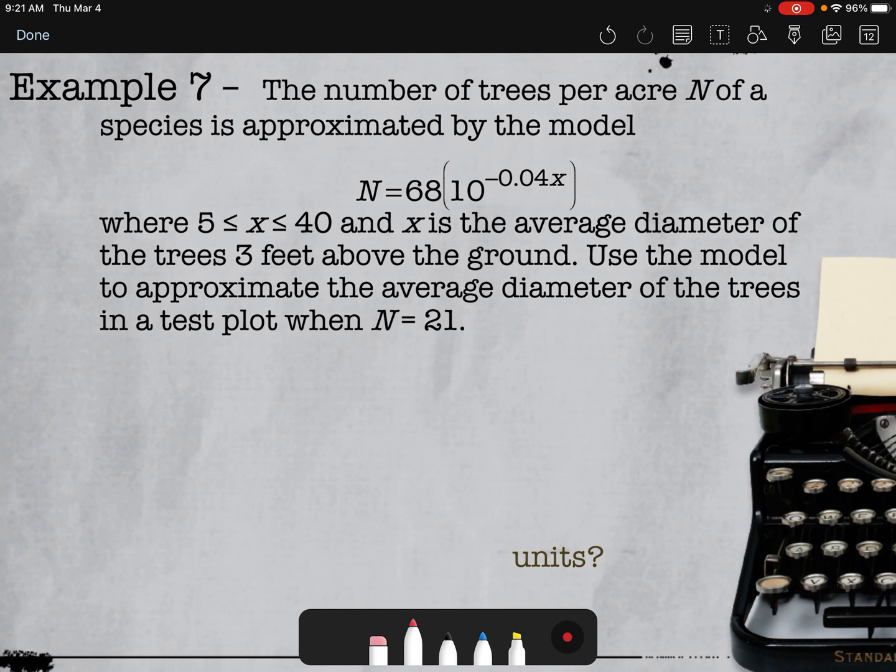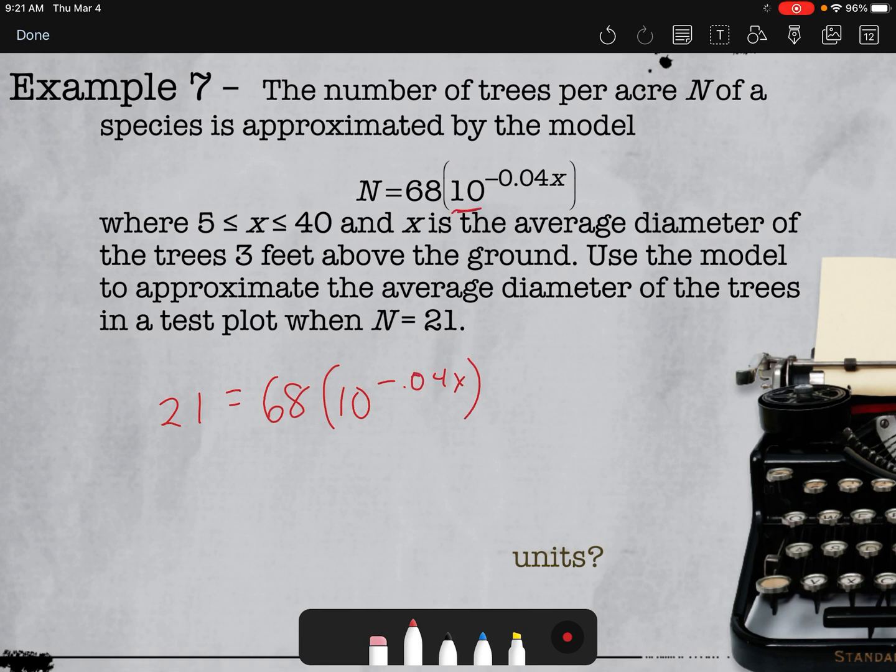Okay, example 7. The number of trees per acre, N, of a species is approximated by that model right there, where x is between 5 and 40, and x is the average diameter of the trees 3 feet above the ground. Use the model to approximate the average diameter of the trees in a test plot when N is 21.